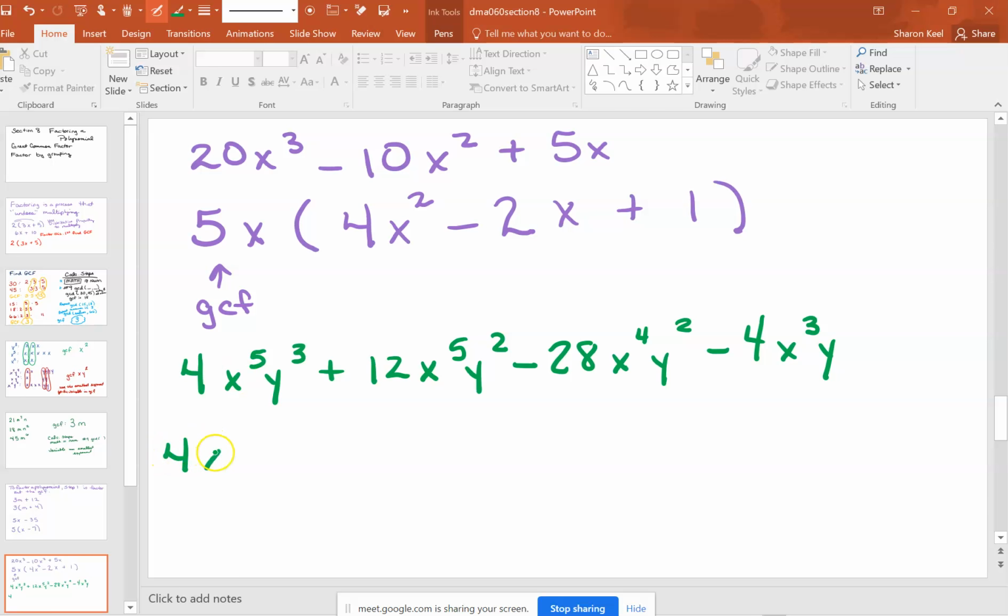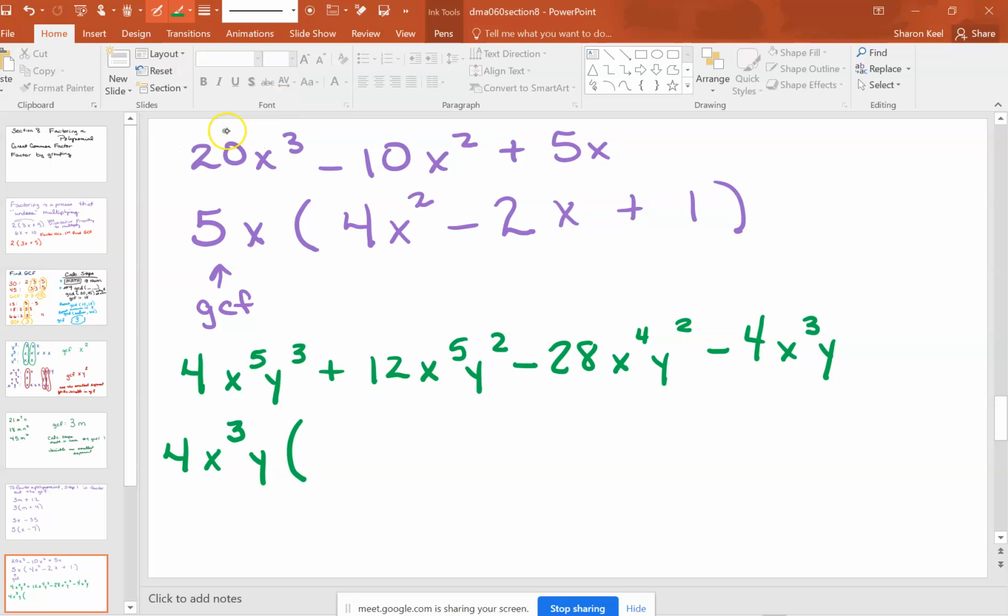For the x's, we have 5, 5, 4, and 3. So the most x's they all have would be 3 x's. As for the y's, we have 3, 2, 2, and 1. So the most y's they all have would be 1. So my greatest common factor is 4x cubed y.